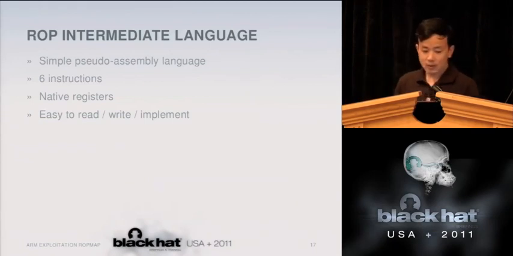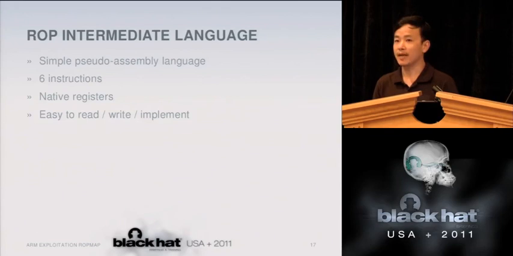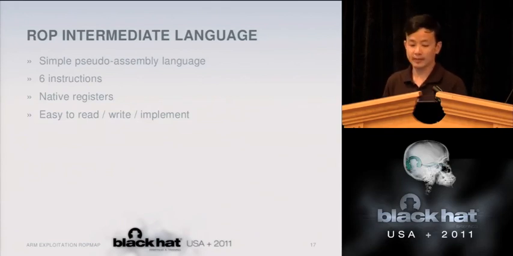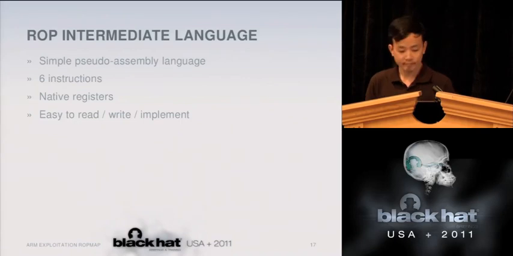And we do not invent new register names, so you will use the native registers from the platform. Like for x86, we still use EAX. For ARM, we still use R0, R2, R3, like that.